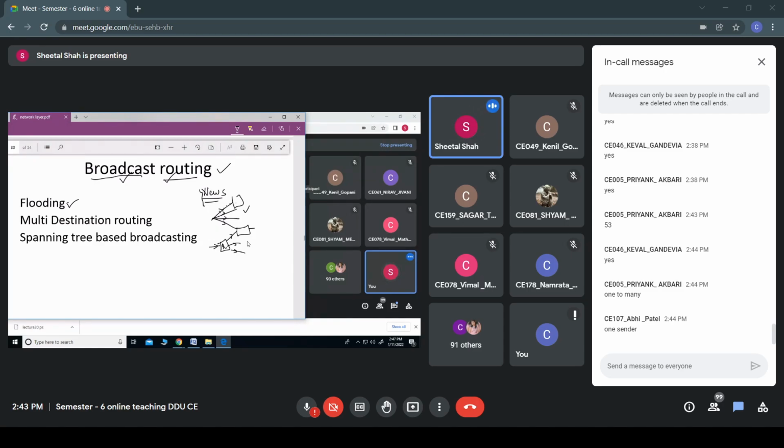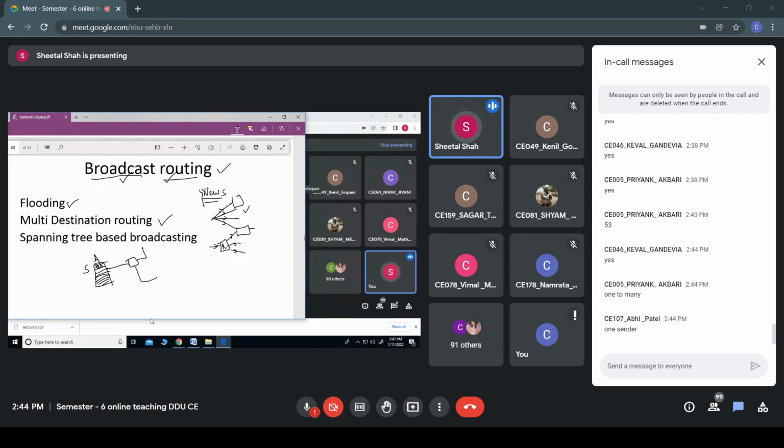The other way of broadcasting is multi-destination routing. Multi-destination routing refers to, say, suppose a sender, a source, is there, and say the source is host A. It will send a packet in which all the destination addresses are provided, and that packet might be sent to a certain router.